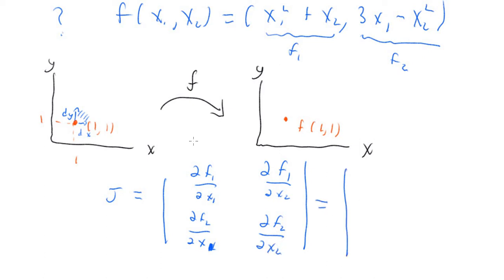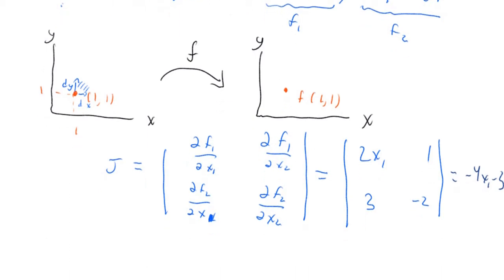With some routine computations, we get the Jacobian matrix. I can also take its determinant, which would be minus 4x1 minus 3. But let's think about what this is saying.